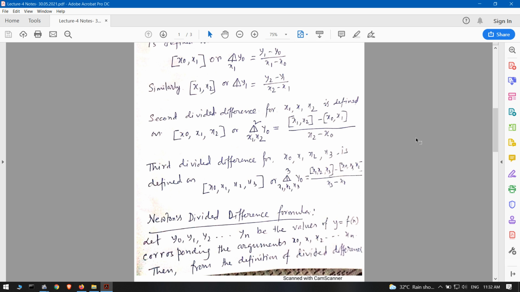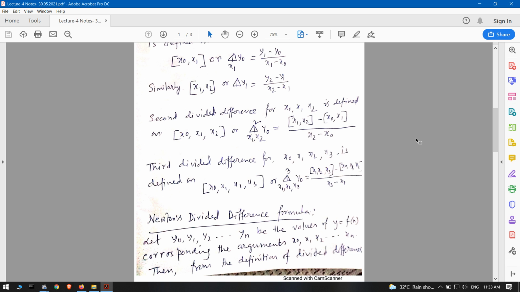up to nth terms. You will find y equal to y naught plus (x minus x naught) into divided difference of [x naught, x1]. This is basically first divided difference, plus (x minus x naught) into (x minus x1) into [x naught, x1, x2], plus (x minus x naught) into (x minus x1) into (x minus x2) into third divided difference.